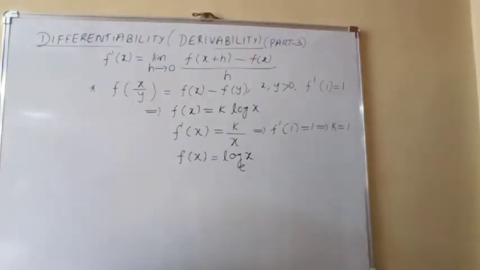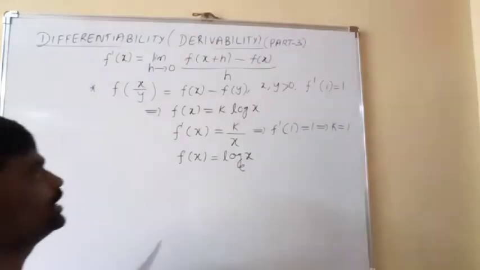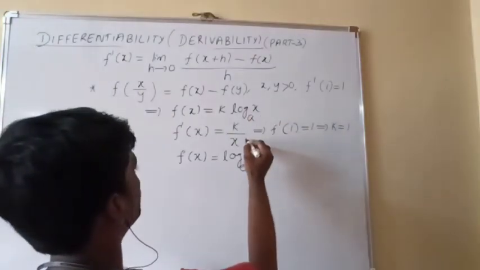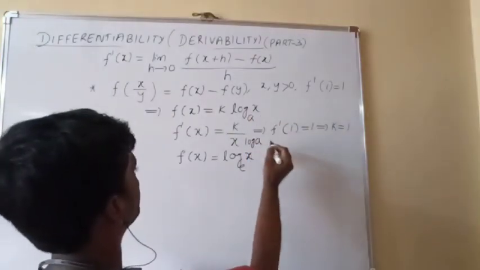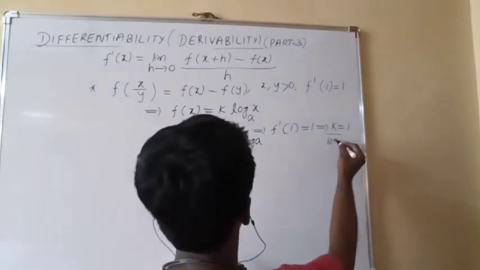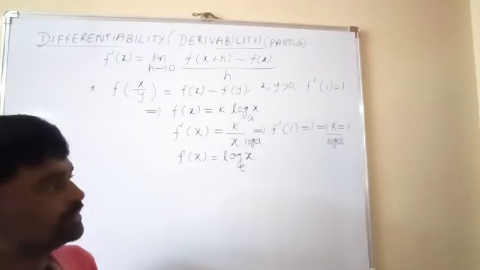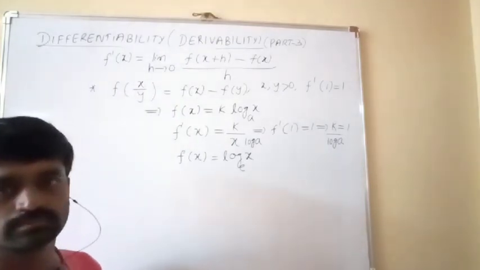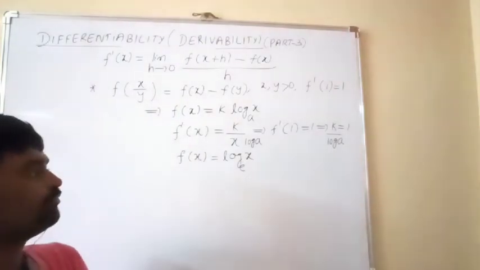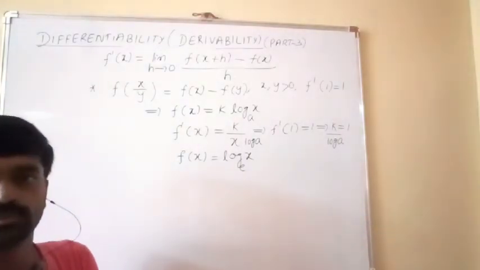Suppose if you take base a, k into log x to the base a, you will get log a, so k by log a is equal to 1. Then one possibility is both k value 1, a value e. So f of x we can take log x to the base e.